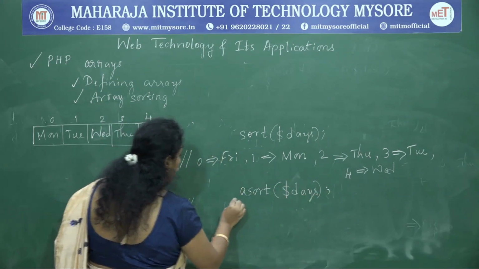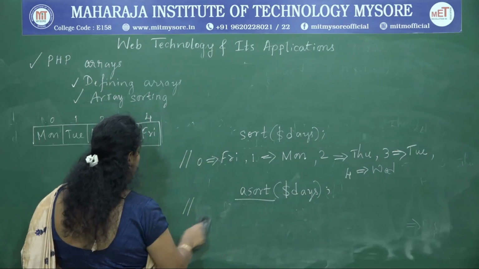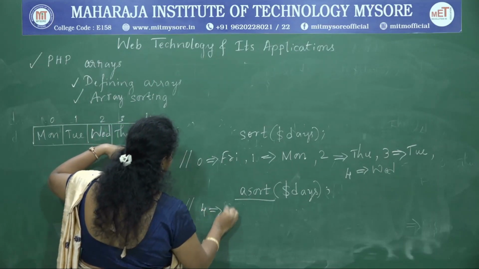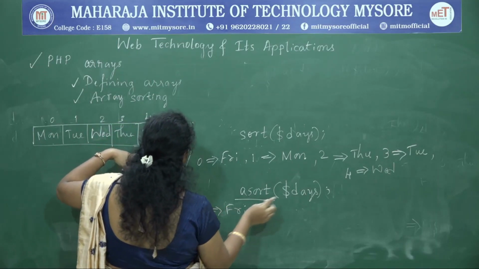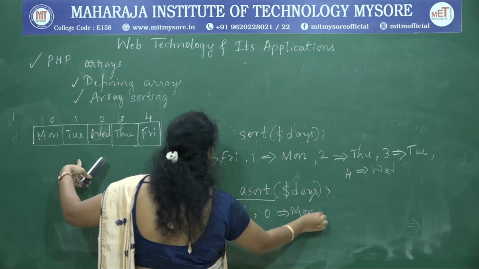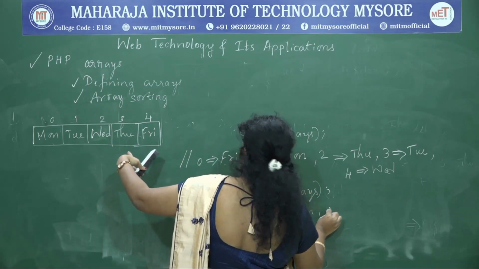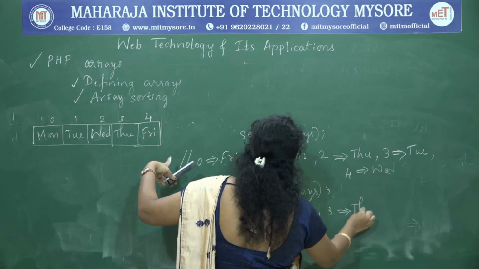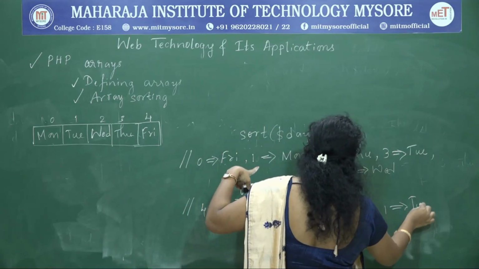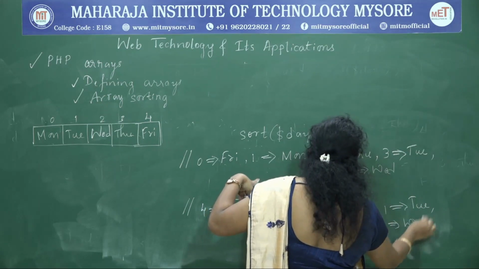When you call this, the output will be: fourth one Friday, then 0 Monday, then 3 Thursday, then 1 Tuesday, then 2 Wednesday.